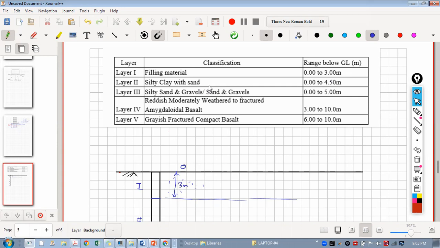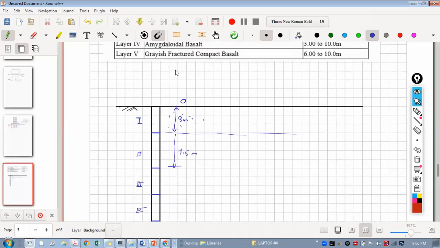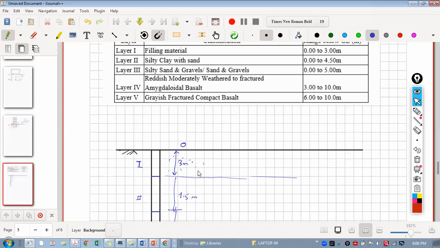Then silty clay with sand, 0 to 4.5. Actually, this is the ordinate, so it will be 1.5 here. It is a silty clay, a silty sand, 0 to 5 meters, so it is 0.5 meters, let's say. Actually they should give this 0 to 10.